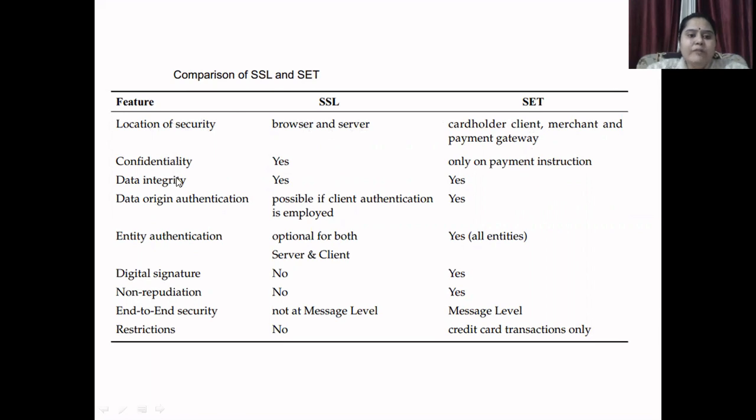Next feature is confidentiality: in SSL, that is yes, and in SET, only on payment instructions. Next feature is data integrity. In data integrity, SSL is yes, and in SET this is also yes. Data origin authentication: SSL, possible if client authentication is employed, and SET is yes.